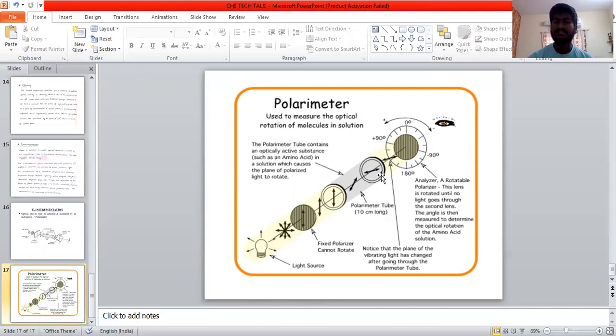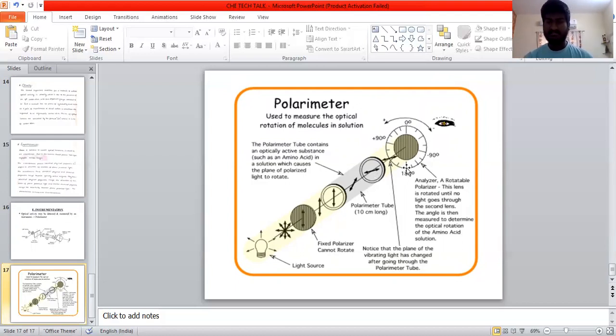We are using a polarimeter tube. What does this tube consist of? The polarimeter tube contains an optically active substance, here an amino acid in solution, which causes the plane polarized light to rotate.